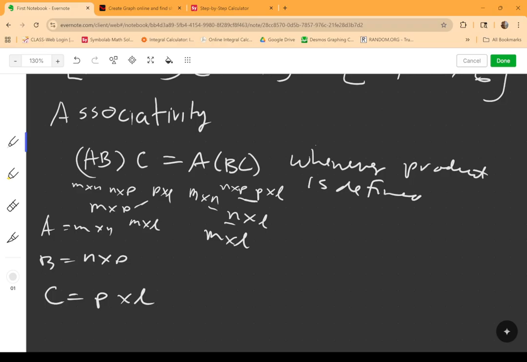So we can associate them differently, but we can't switch around the order themselves, just the way that we associate them.